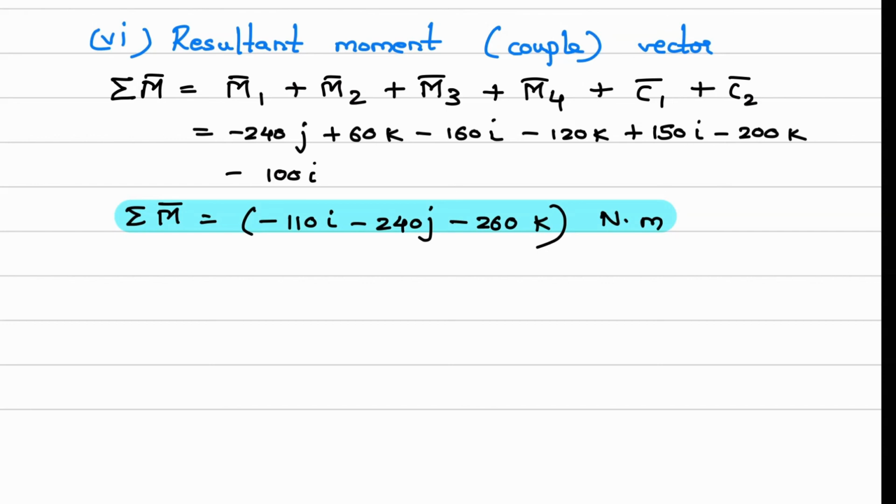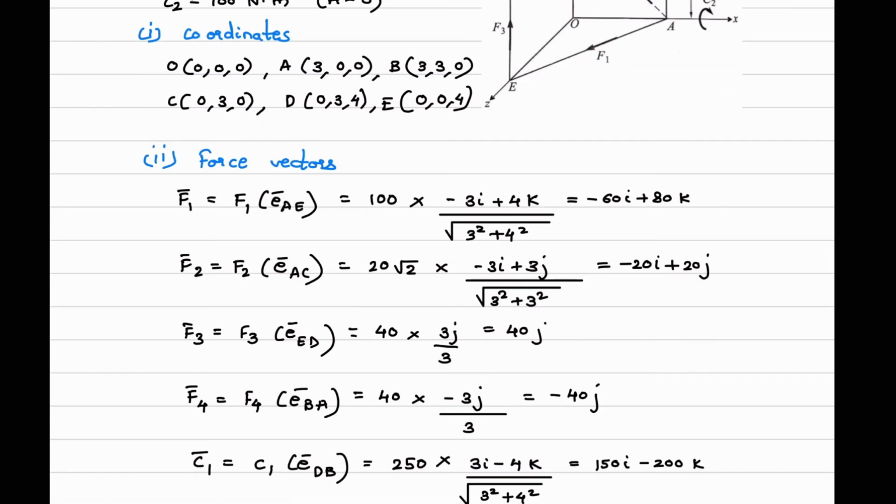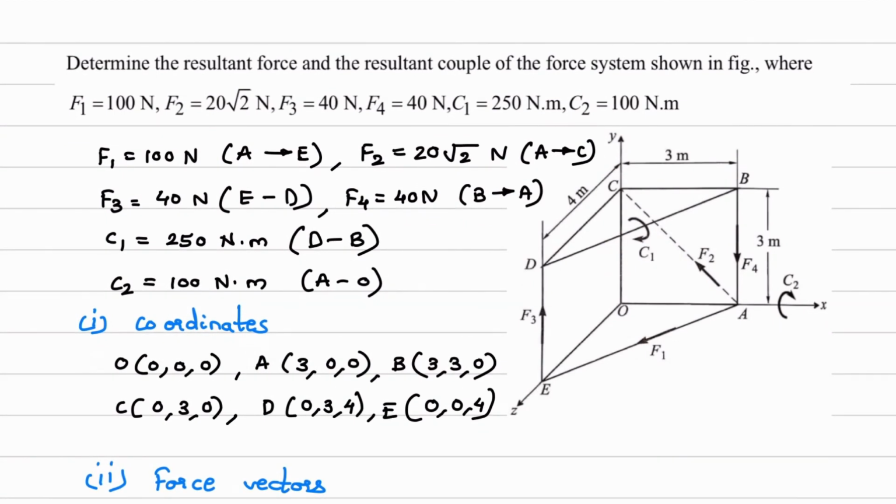Once again we'll see the numerical completely, what we have done here. First we identified the type of system. After identifying the type of system, we found the direction of forces and couple. For the couple we used the right hand thumb rule. Then we wrote all the coordinates of all the points.